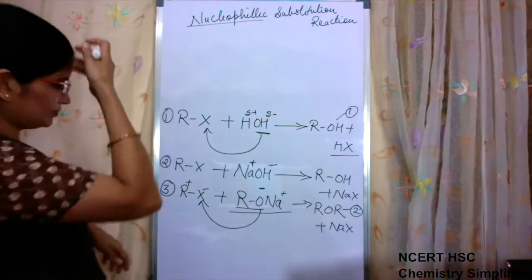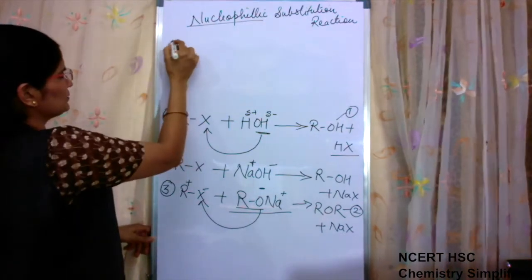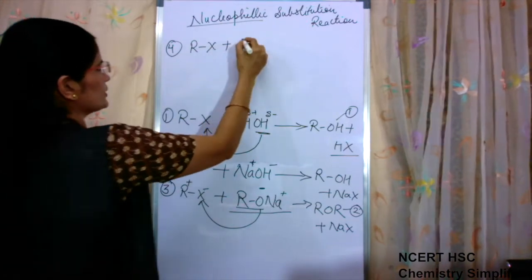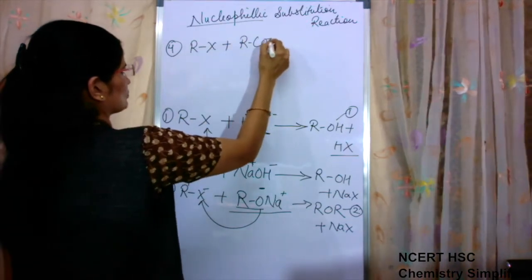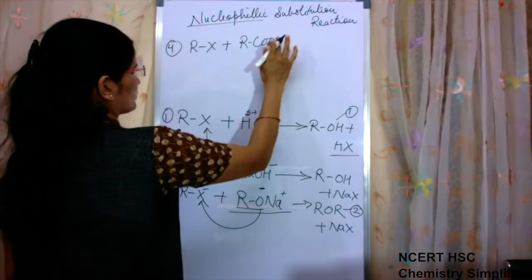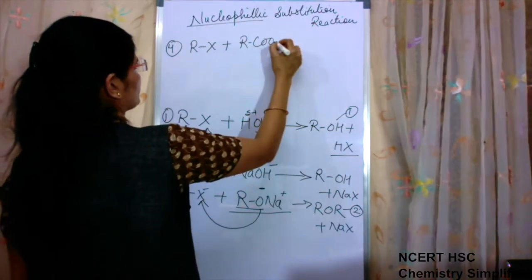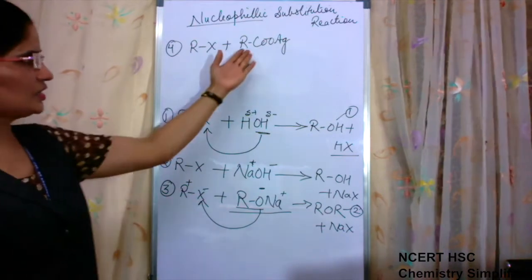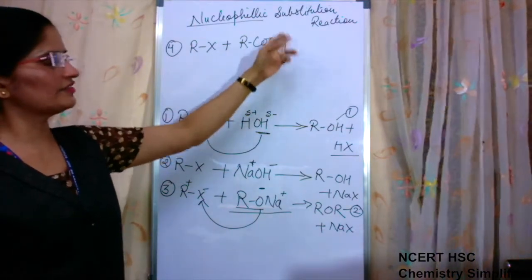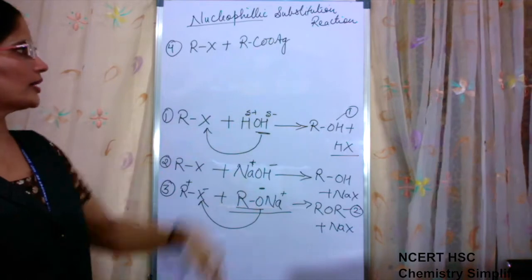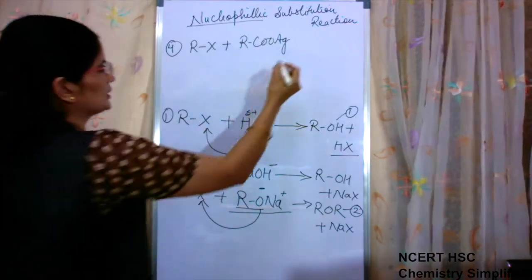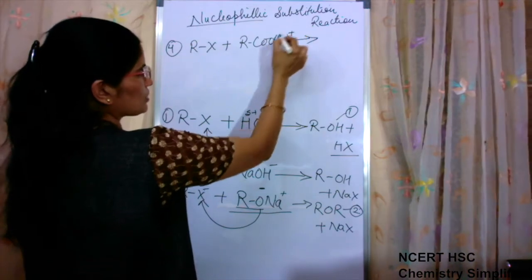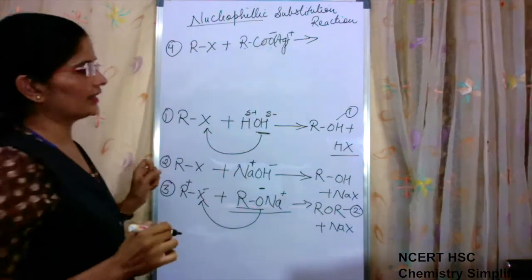Similarly, fourth reaction, alkyl halides can also react with salts of carboxylic acid. RCOOH is carboxylic acid, and if Ag is here, it is a salt of carboxylic acid. Again, Ag is the metal part so it will be positive and the remaining part will be negative.